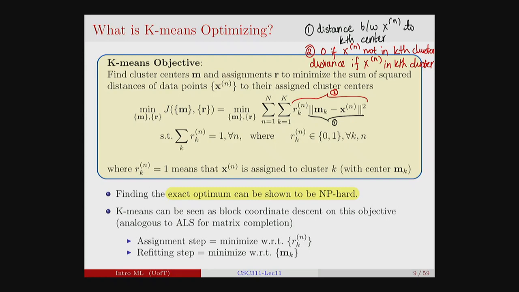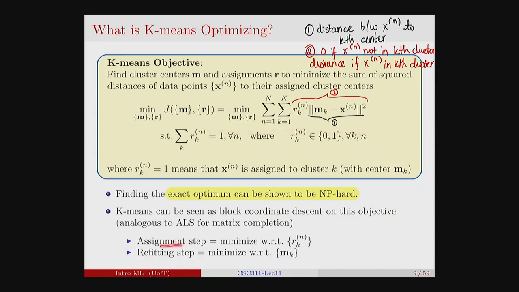Okay, and so finding the exact optimum of this optimization problem, the joint minimizer of M and R, can actually be shown to be NP hard. But moreover, the k-means algorithm that we talked about can be seen as performing block coordinate descent on this objective.